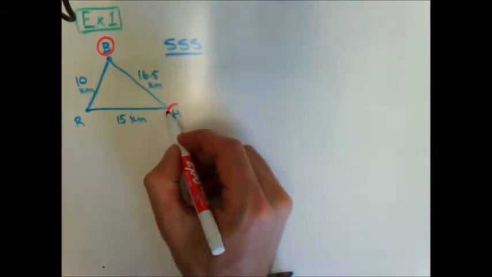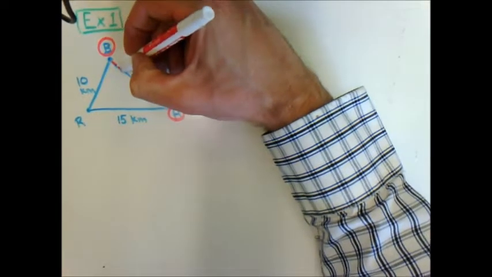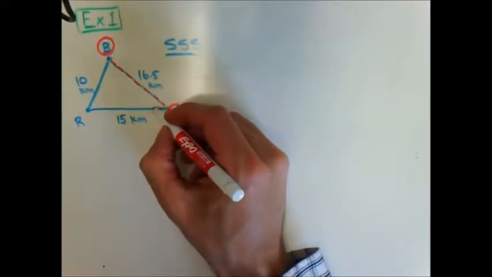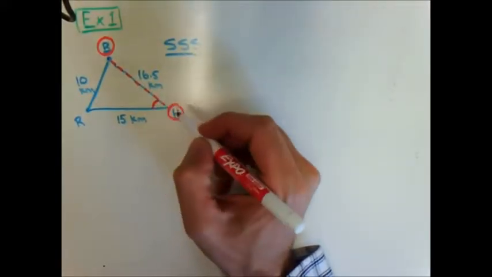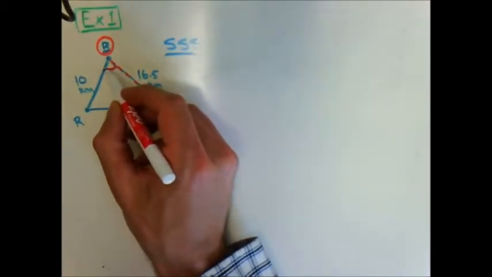So we're looking for H. We know how long this road is going to be, but we don't know the angle it's going to make with the road at Highcliffe, and we don't know the angle it's going to make with the road that meets in Brookside.